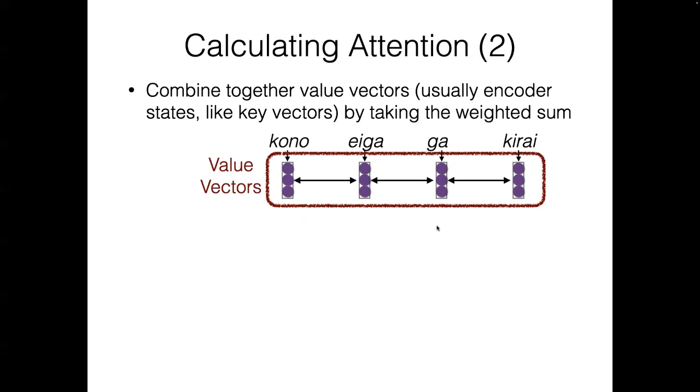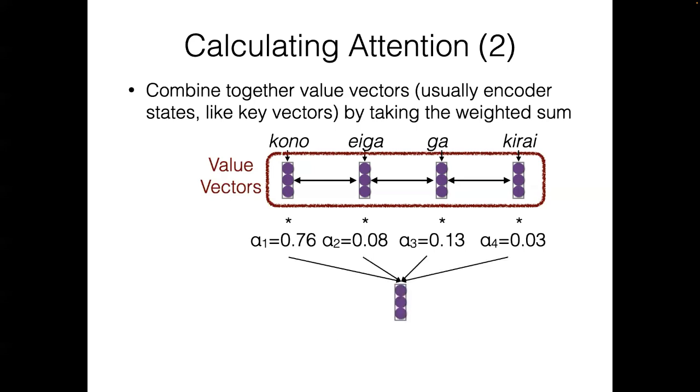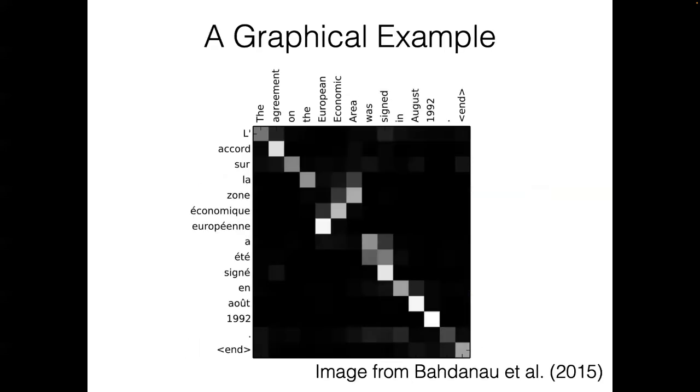And then in self-attention, we'll actually do something kind of crazy. We'll use the same vectors as the queries, the keys, and the values. But we'll see that a bit later. So it can be useful to think of this as an abstract function, because you can apply it in different contexts.